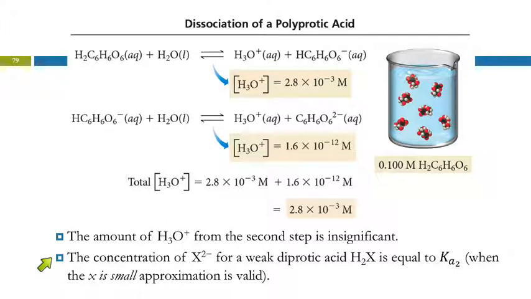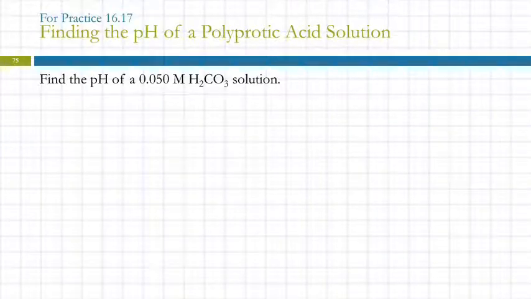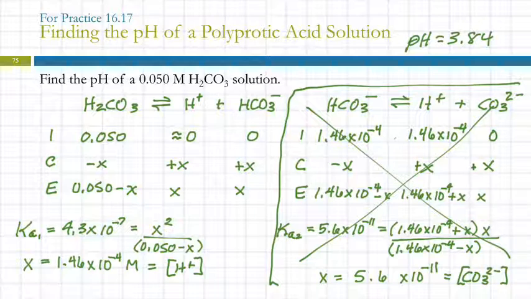The concentration for X2 minus, that fully dissociated ion, for a weak diprotic acid is equal to Ka2, provided that the X is small approximation is valid. So we came out down here and we got X is equal to 5.6 times 10 to the minus 11. That's what the Ka was. And we need a soundtrack of the Twilight Zone music.